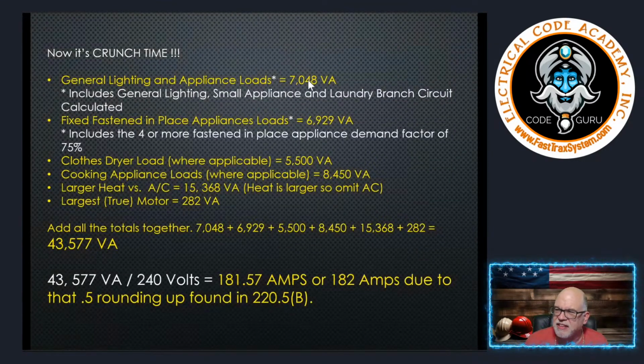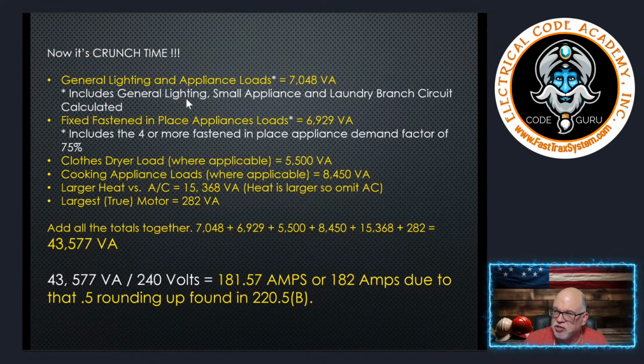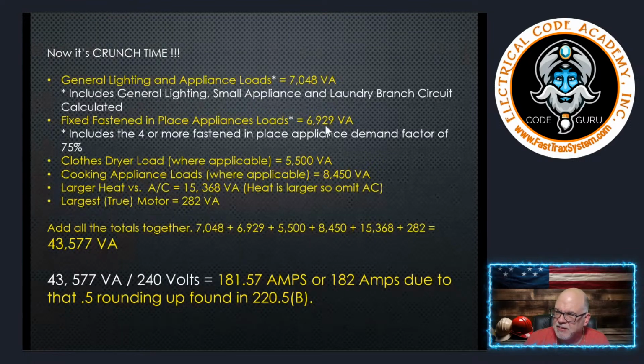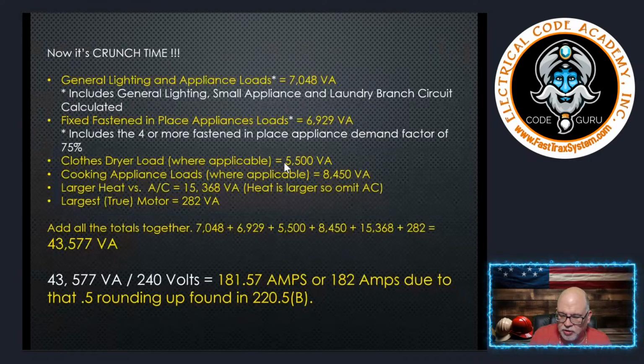So there's our loads. We've got 7,048, and that includes all the general lighting, general use receptacles, small appliance and laundry, and we applied a demand factor to that. We have the fastened in place appliances. We applied a demand factor to that. So let's add that, 6,929. We had the clothes dryer, which we had at the nameplate, which was greater than 5,000. So we added that, 5,500.